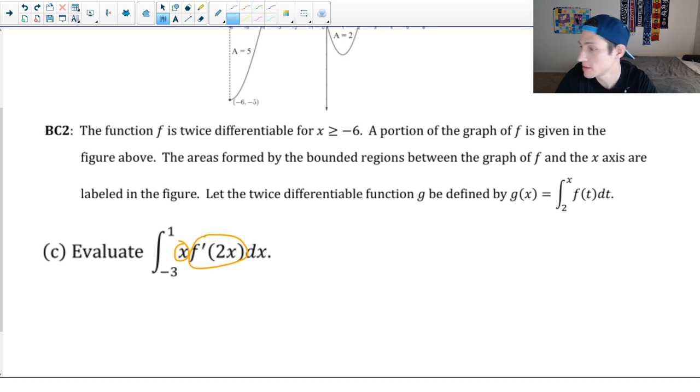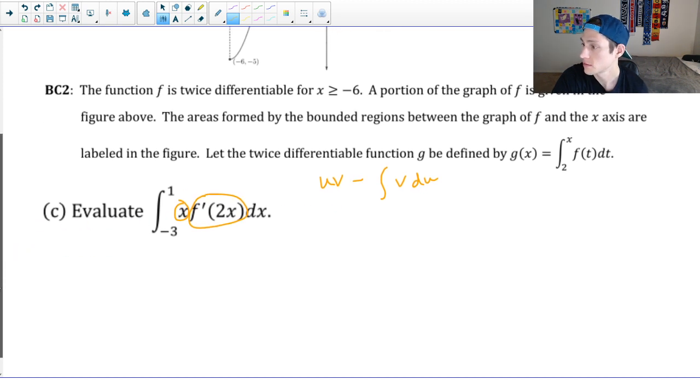I'm so tired. Okay, so again, integration by parts. So uv minus the integral of v du. Okay, so we got to make our decisions here. We got to make choices for u and dv, right?